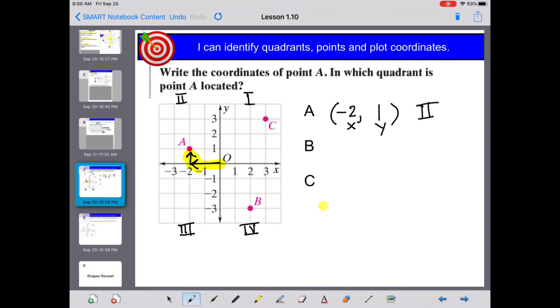Pause the video, give these a try, come on back. All right, point B is at the ordered pair 2, -3, and it's in quadrant 4. Point C is located at 3, 3, and that's in quadrant 1.